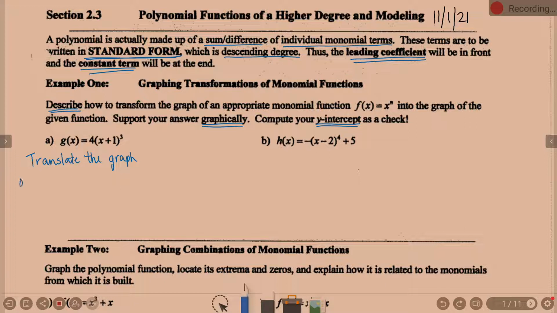So translate the graph of y equals x to the third left 1 unit, and vertically stretch by factor of 4. Okay, there's a description. I put it in words.